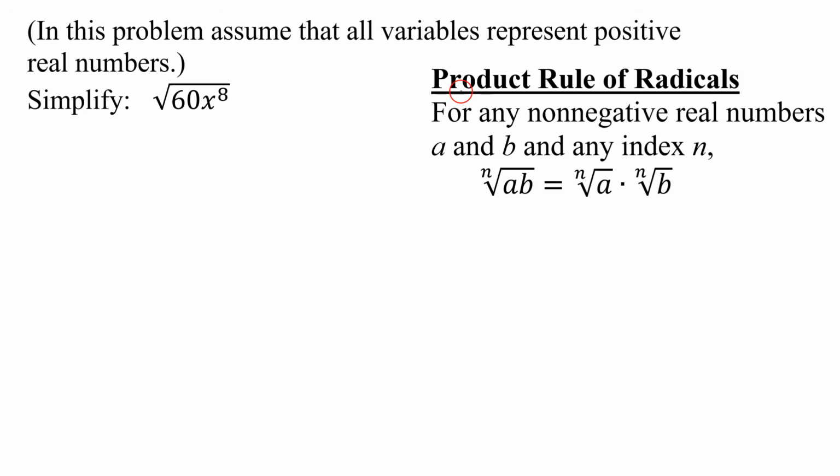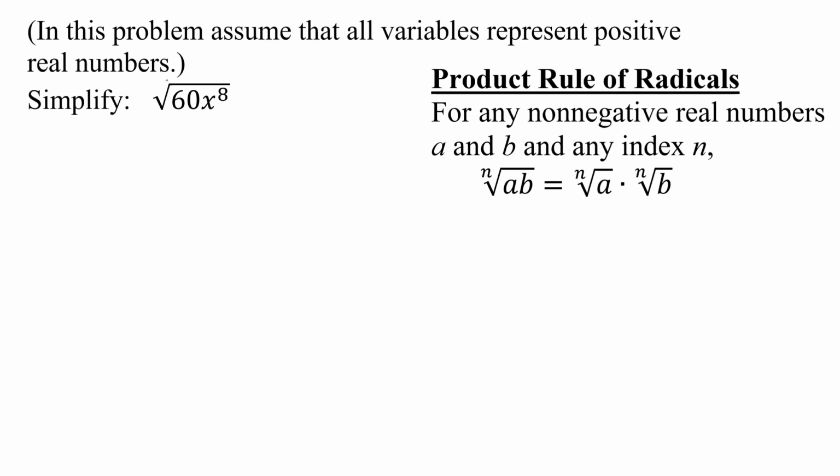And here it is. The product rule of radicals basically says for any non-negative real numbers a and b and any index n, the nth root of a times b equals the nth root of a times the nth root of b. Well, in our case, we have a square root.